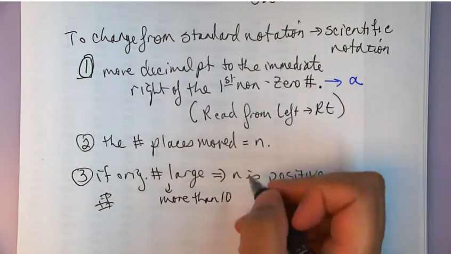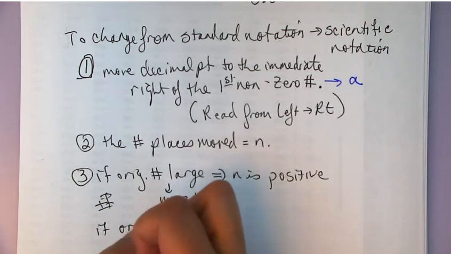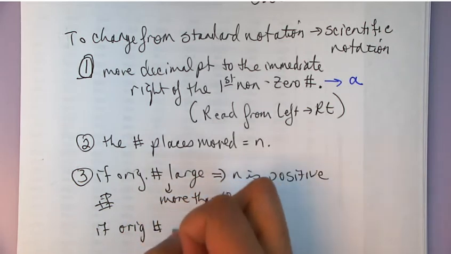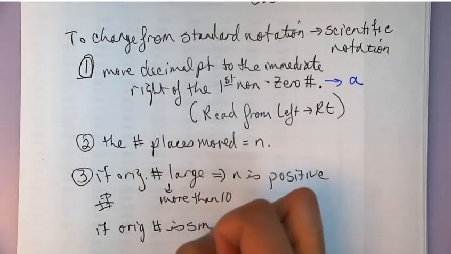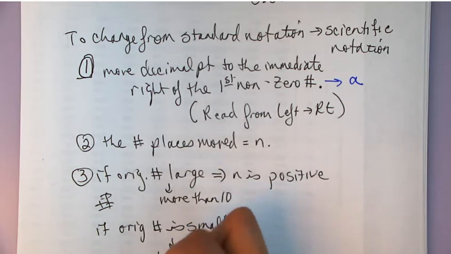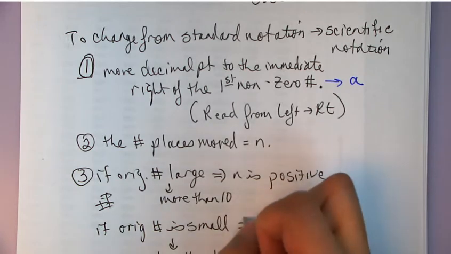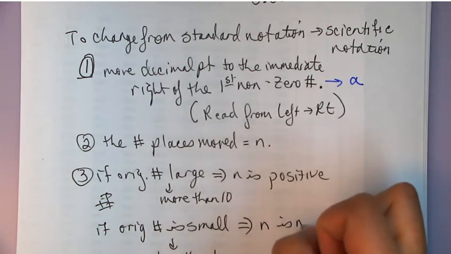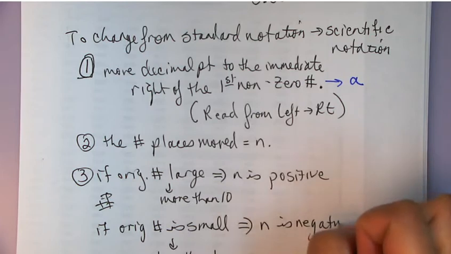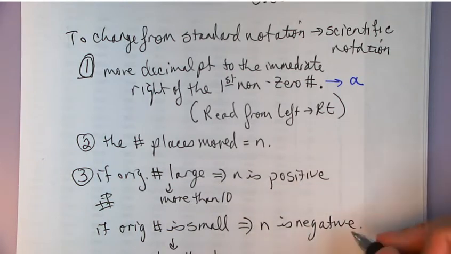If the original number is small, less than 1, then n is negative. So if the original number is small, then that implies that n is negative.